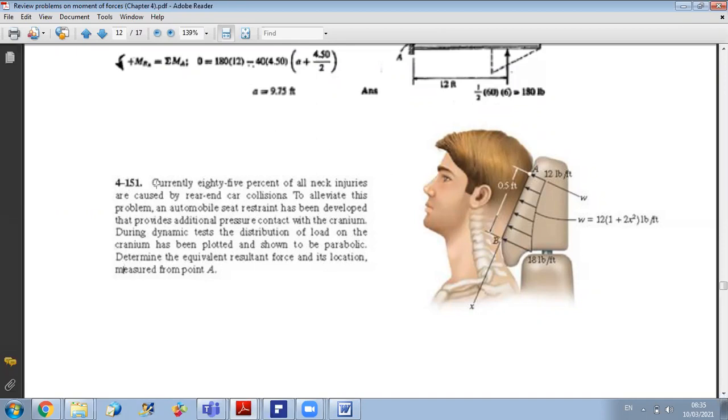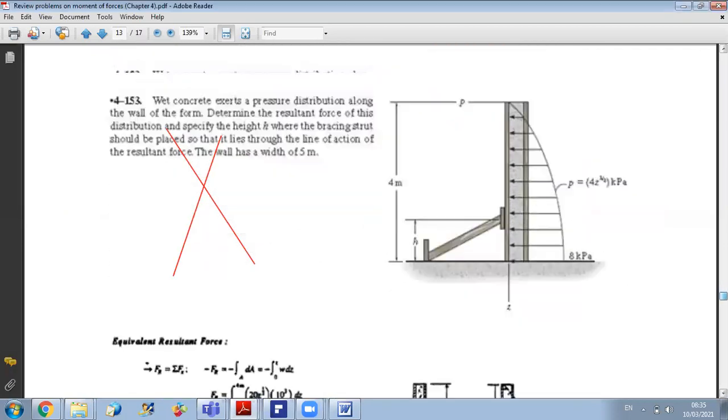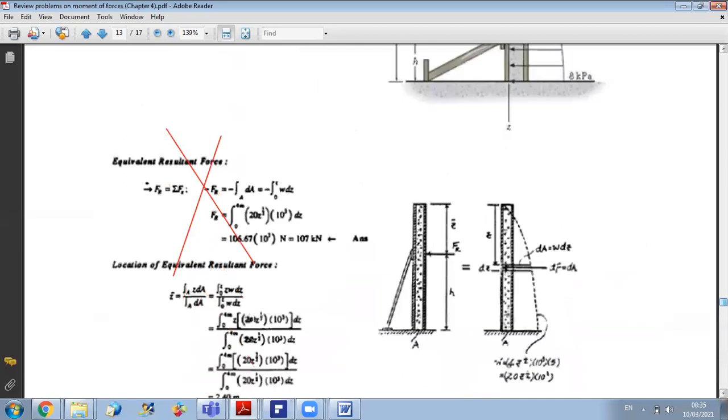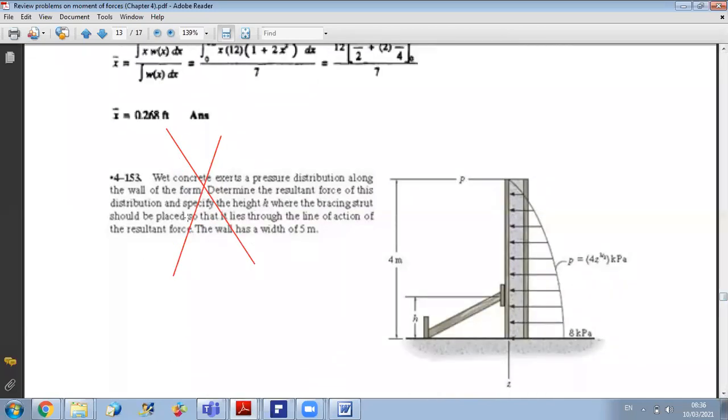This problem, don't cover it. So you can stop there, I think. Let me check if we can do anything else. Okay, so all problems involving integration, don't do that. So this one also, when you have a variable distributed load, you are not responsible at all.